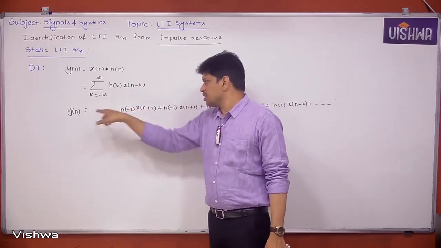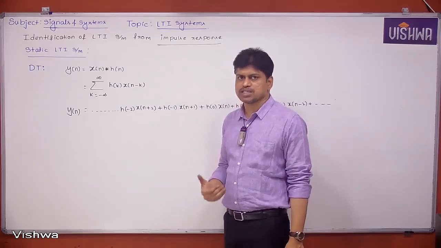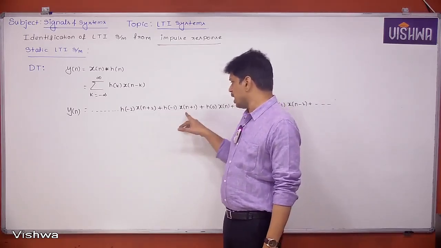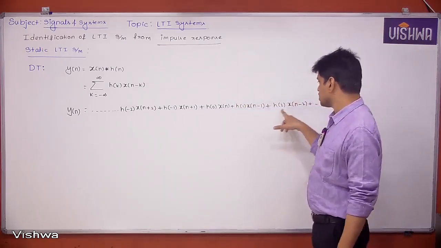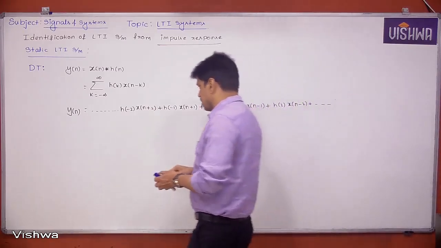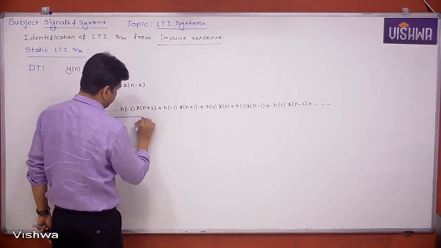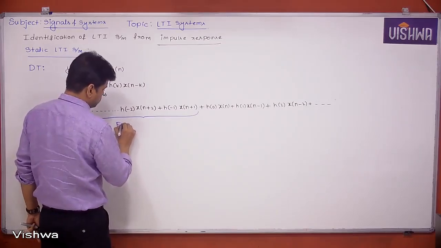For y of n, x of n plus 2, what kind of input is it? Is it present, past, or future? Definitely it is a future input, and this is also a future input. Up to these terms, everything is future inputs.